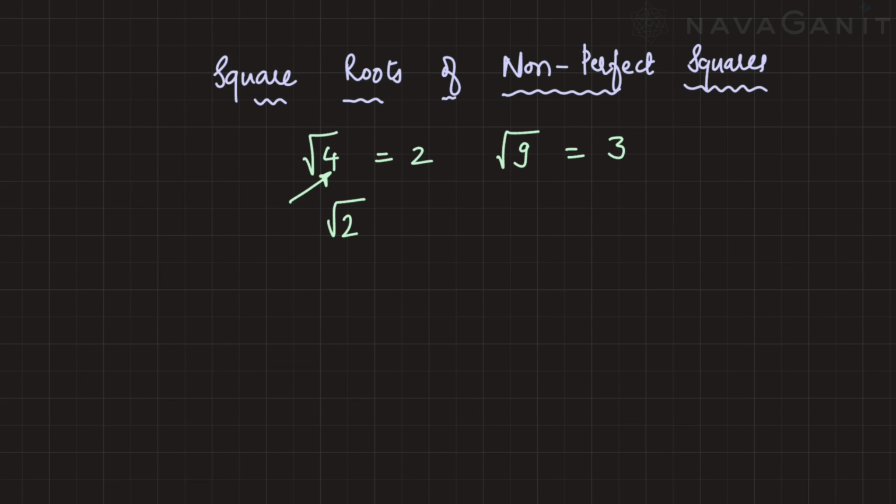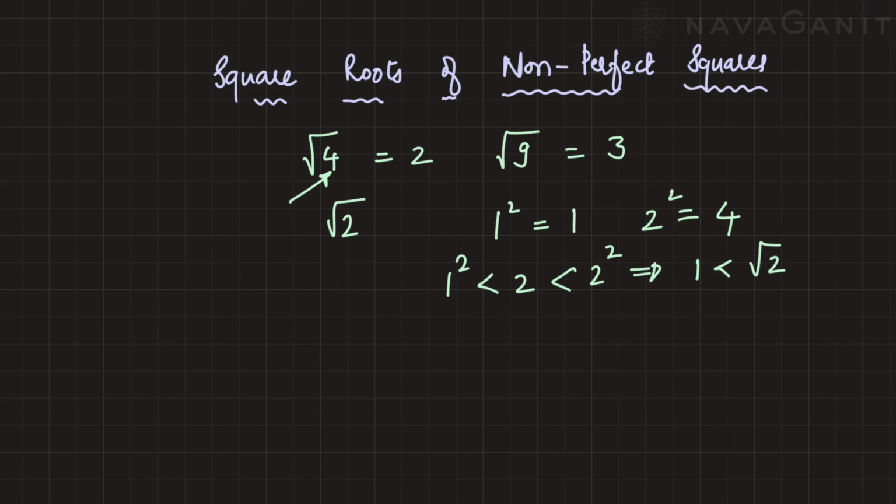The square root of 2 is not an integer. Now given that 1 squared is 1 and 2 squared is 4, and 2 lies between 1 squared and 2 squared, I can say that 1 is less than square root of 2, less than 2.